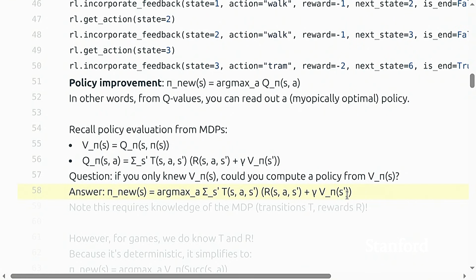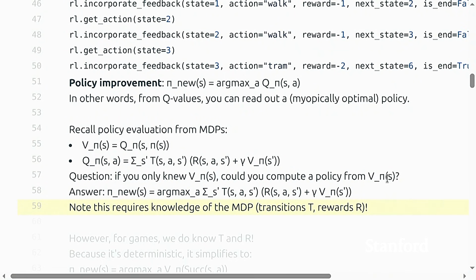So I'm only given V, so I don't have Q, but the Q is in some sense a one-step transition from V. But here's the catch: computing this requires knowledge of the MDP. So this is why, in general, you can't just estimate a value of states, right?